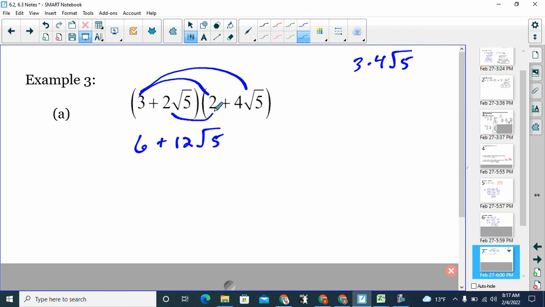So 2 root 5 times 2 is 4 root 5. 2 root 5 times 4 root 5. 2 times 4 is 8. Root 5 times root 5 is root 25.